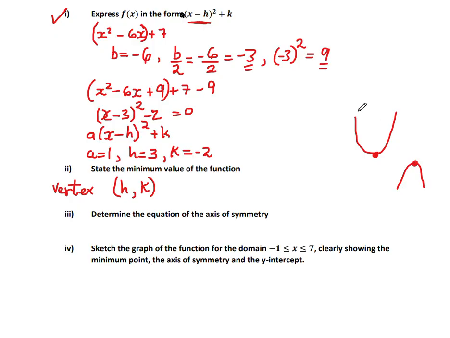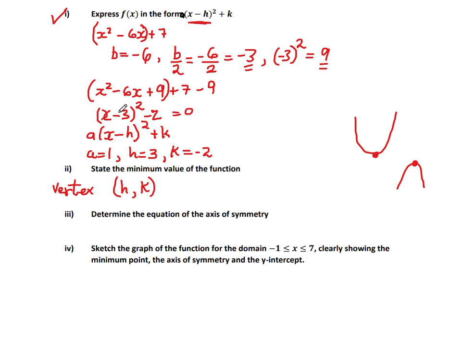What dictates whether the graph opens up like this or turns down like this is the value of a. If a is positive, then it will turn up like this and therefore have a minimum point. And if a is negative, it will turn down like this and therefore have a maximum point. The graph of a quadratic always takes the shape of a smooth U. In this case, a is equal to positive 1, which means that the quadratic will turn upwards like this and therefore have a minimum.